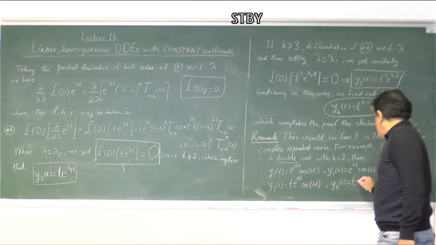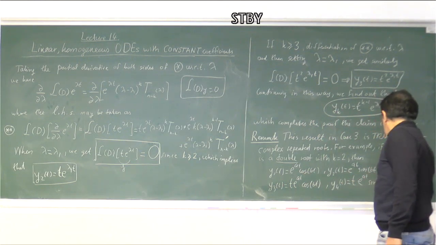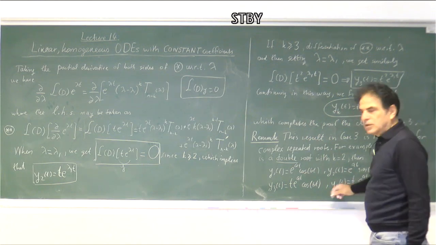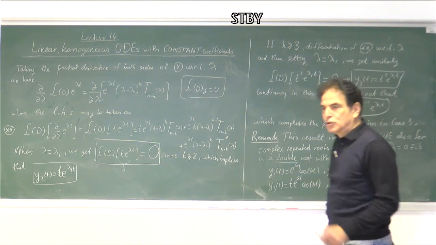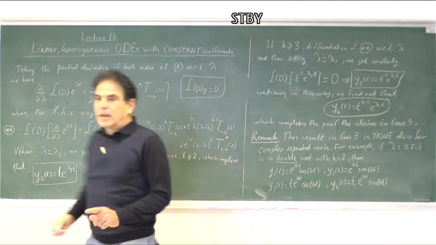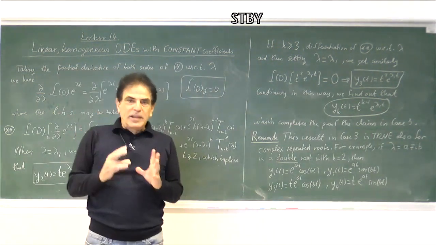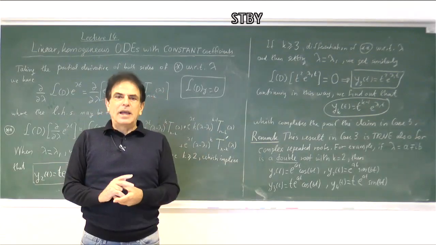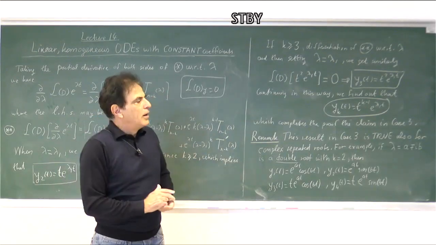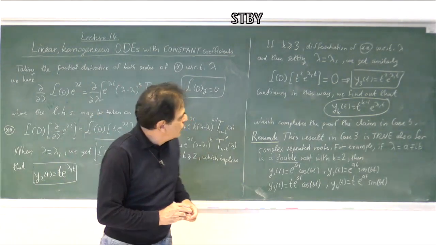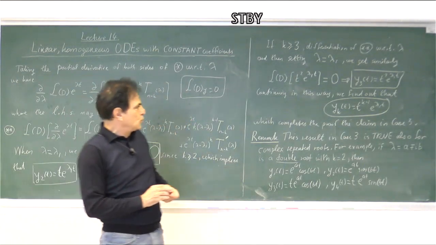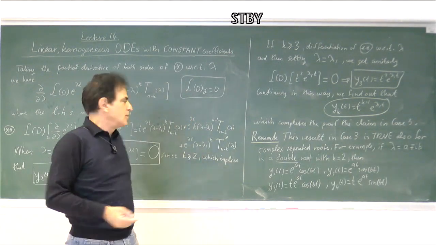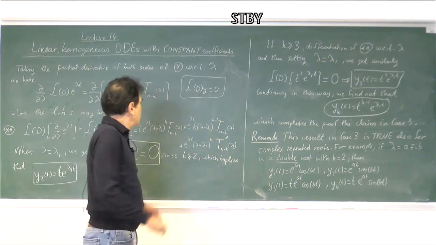So multiplying by t, t e to power at sin bt is again a solution. So we get all 4 solutions corresponding to a complex pair of roots which repeats 2 times, with multiplicity 2.